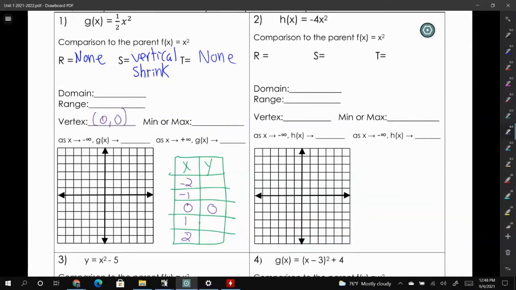So if I plug in 1, 1 squared is 1 times 1/2 is 1/2 or 0.5. It doesn't matter which you use. 2 squared is 4 times 1/2 is 2. And then we know that these should match and these should match. We're not asked to find the second difference, so I'm going to save that for later. So let's plot these points.